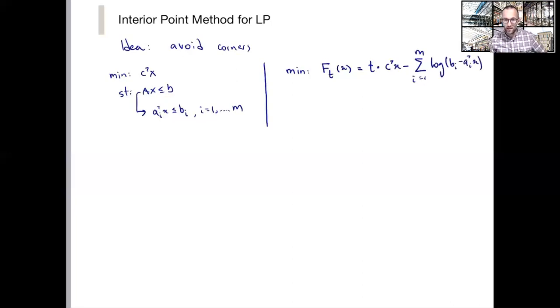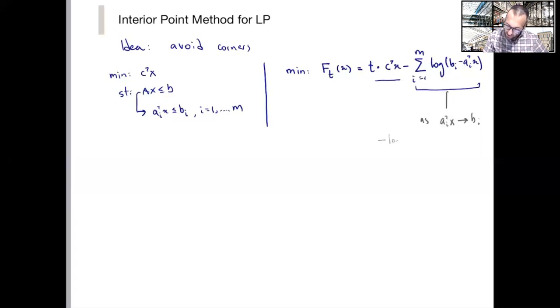And so let's see what this does. This is my original objective as before, but then what happens over here? We can see that as a_i transpose x approaches b_i, this becomes log of 0, which goes to minus infinity.